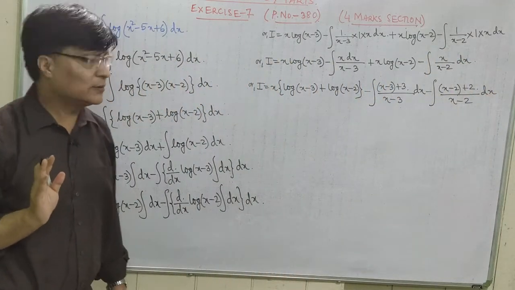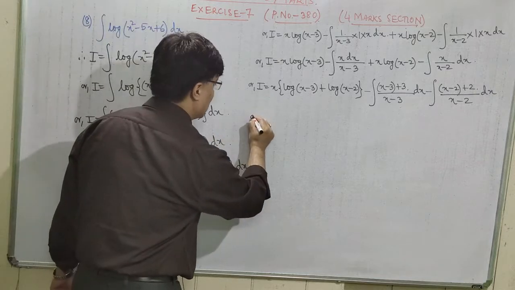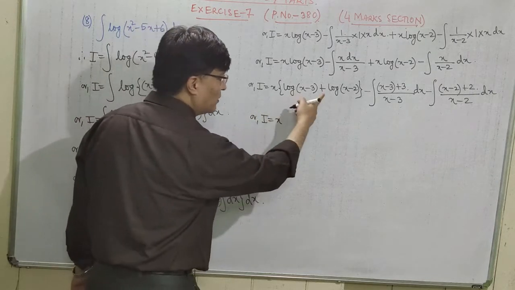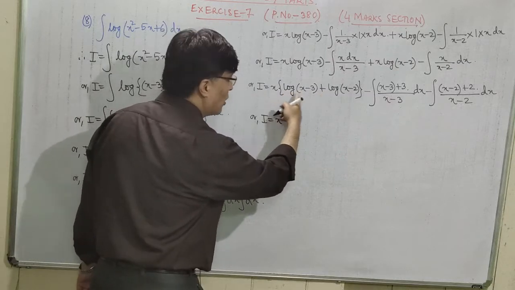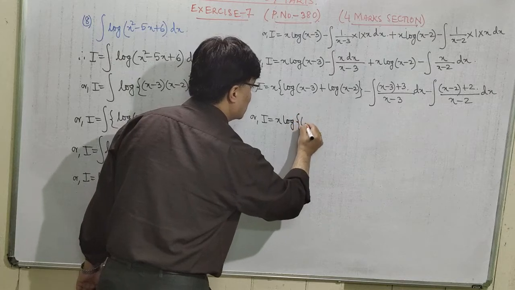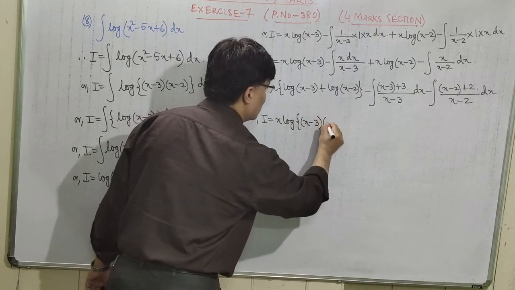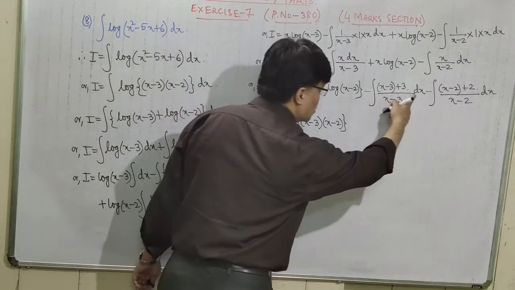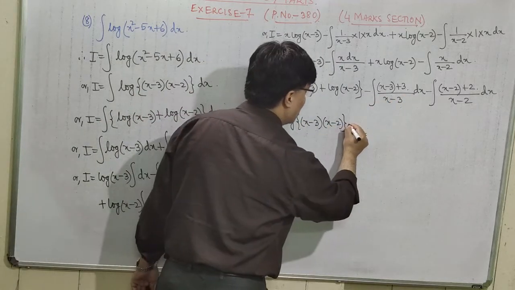Is that understood? Okay. So next, I is equal to x into, again you can use properties of logarithm. Log a plus log b is log of ab. So it is log of, within second bracket, x minus 3 into x minus 2. Second bracket is closed. So let us separate the term out here.